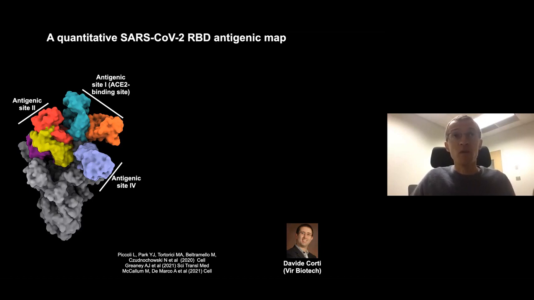For example, site 1, shown with 2 antibodies in green and orange, is the ACE2 receptor binding site and is immunodominant. Most antibodies in the plasma of infected individuals are actually targeting this site, which outcompete the receptor, and therefore there's a correlation between antibodies blocking ACE2 binding and neutralization in vitro.